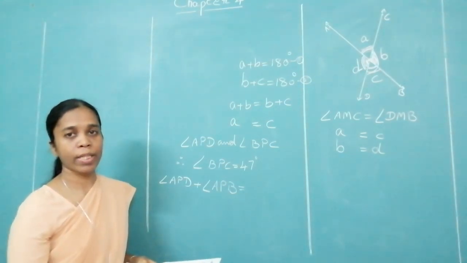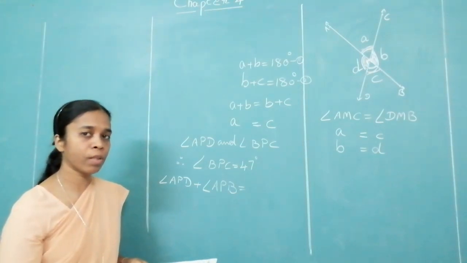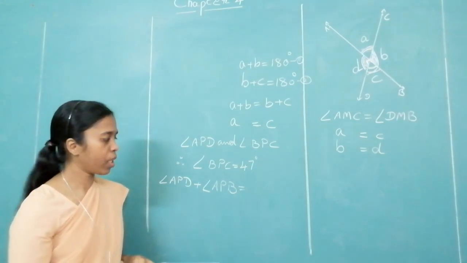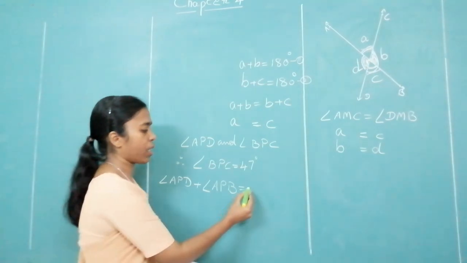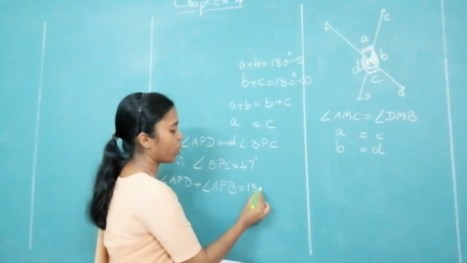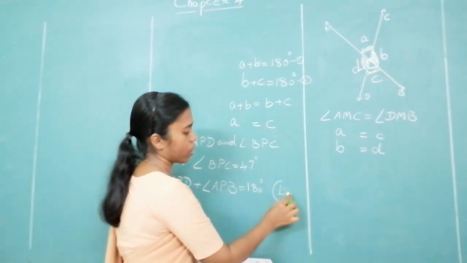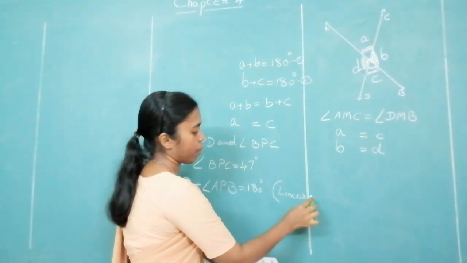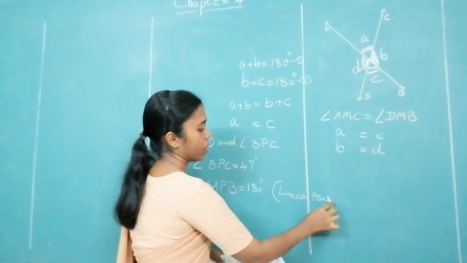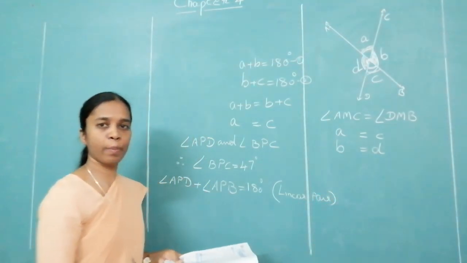Look at the diagram and tell me what type of angles they are. They are a linear pair. Linear pair gives you 180 degrees. So this is equal to 180 degrees. In the bracket, you write over there the reason. The reason is linear pair.